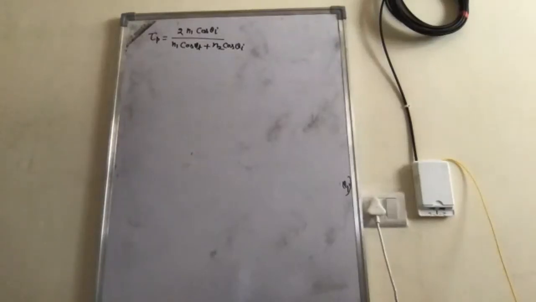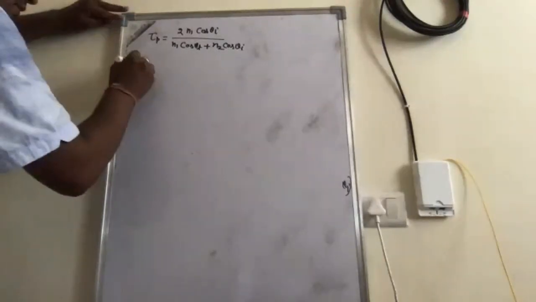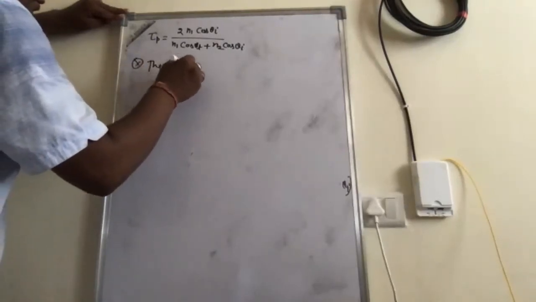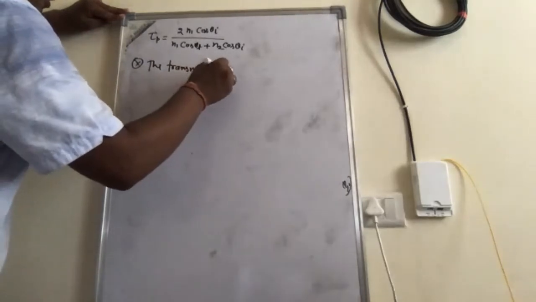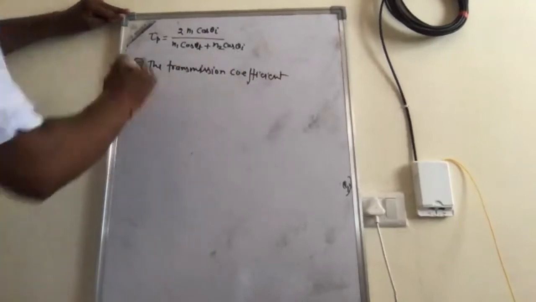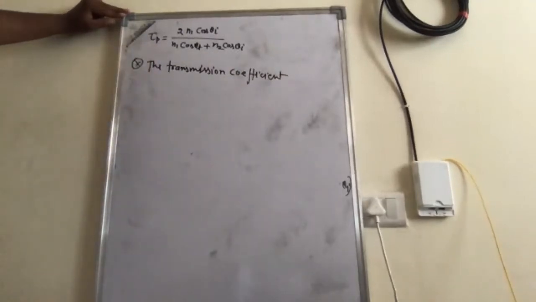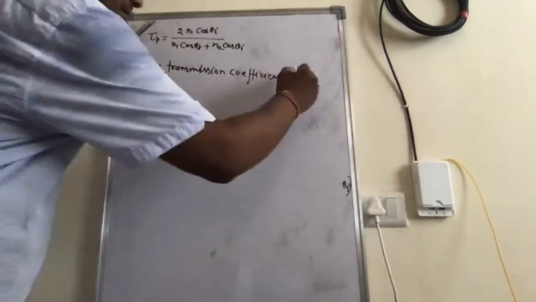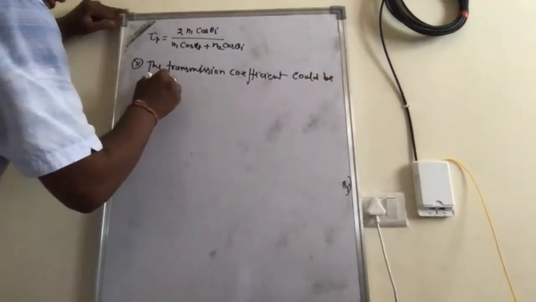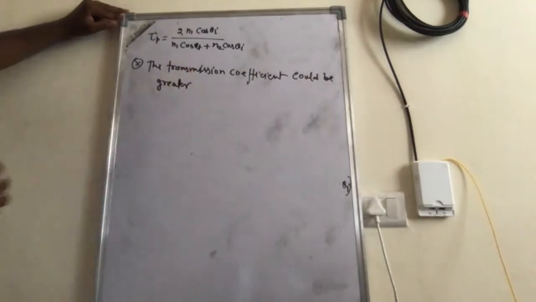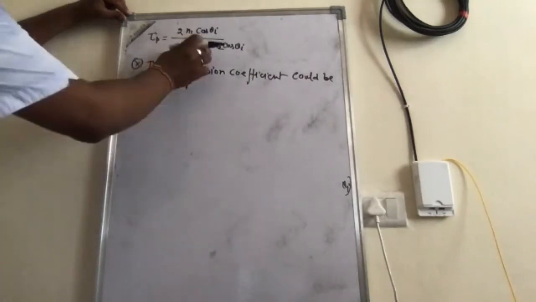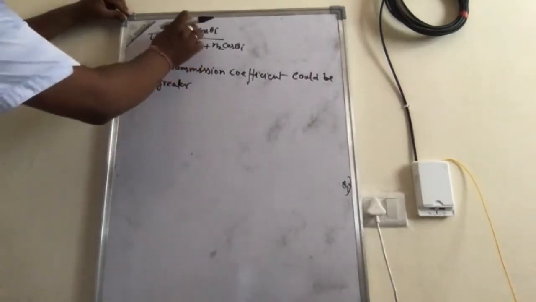That the transmission coefficient for the parallel polarized light could be greater or less than unity, because this quantity is 2 times of this.